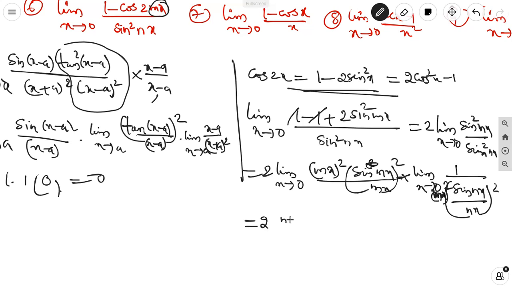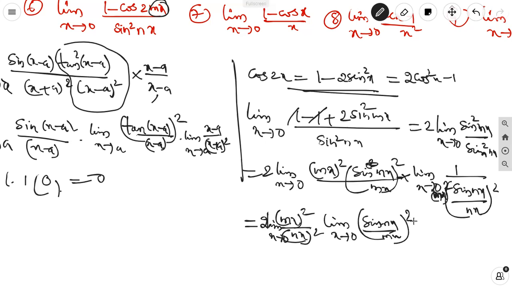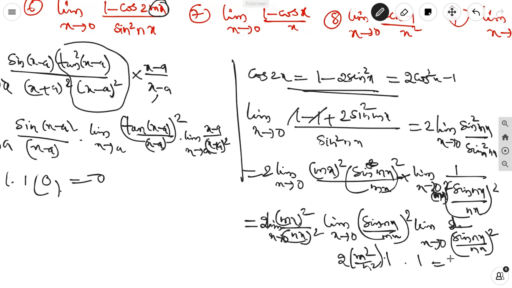So 2 (mx) whole square by (nx) whole square. It is limit x tends to 0, (sine mx by mx) whole square, limit x tends to 0, 1 by (sine nx by nx) whole square. It is 1. It is 1. x square cancels. 2 into m square by n square. So that is 2m square by n square is the answer.